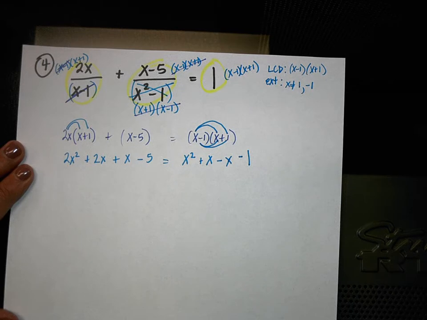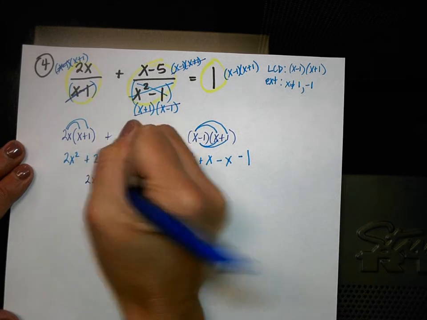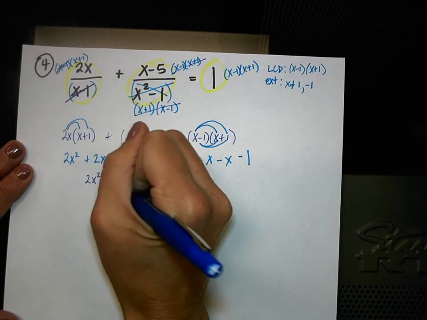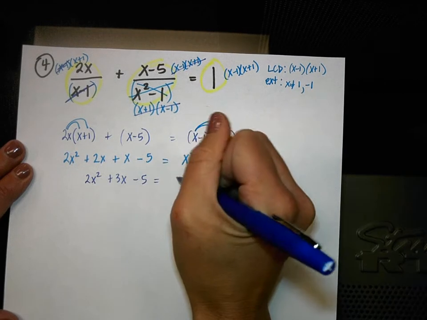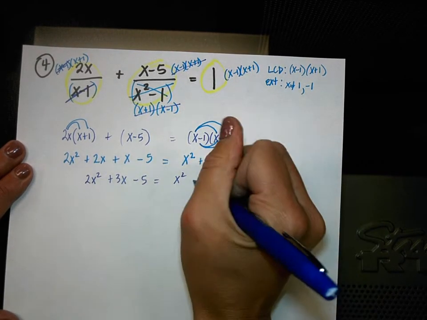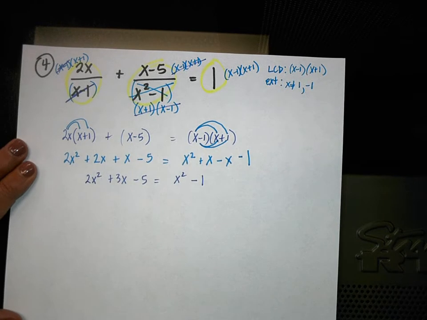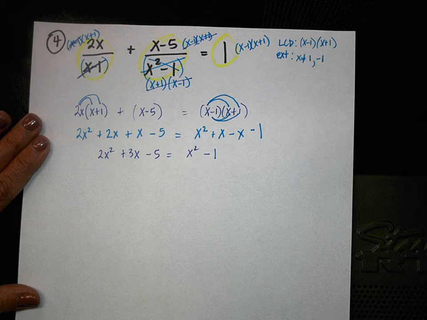So if we simplify and combine like terms on each side, this is going to be 2x squared, and then 2x and x is 3x minus 5. Over here, I have x squared, and then x minus x cancels out, and then we have a minus 1. Anytime we have x squared, we want to factor. Okay?